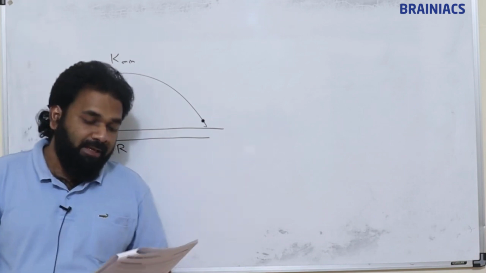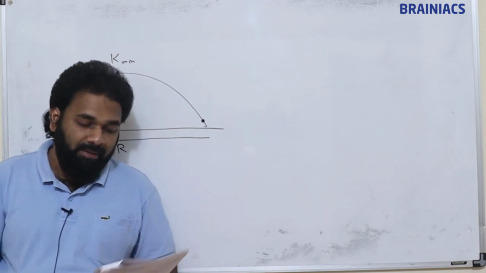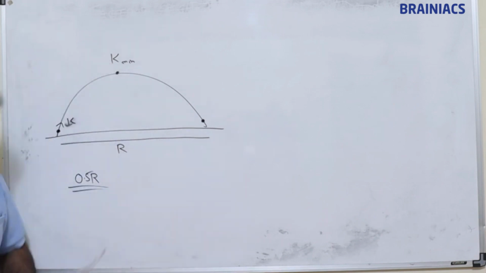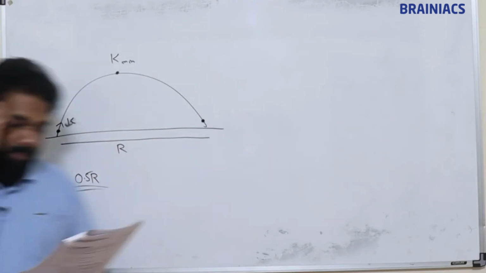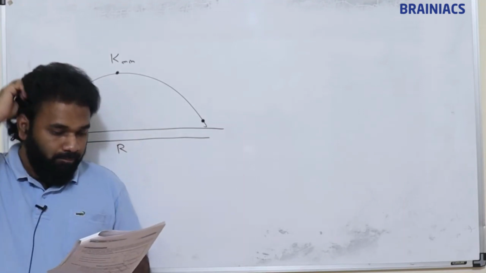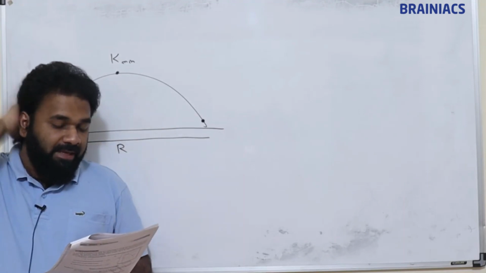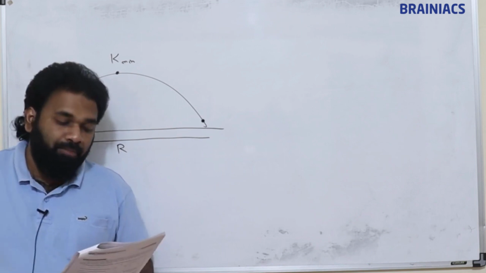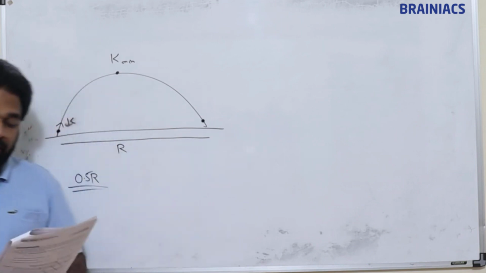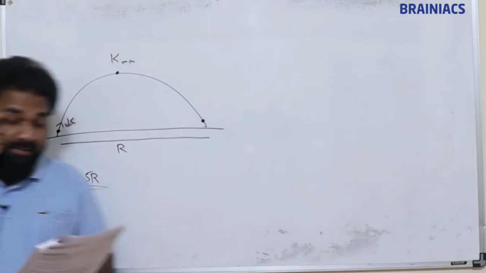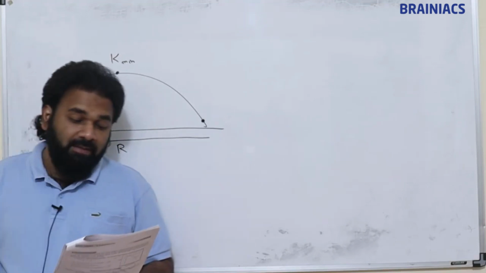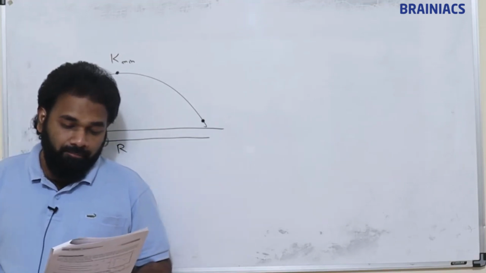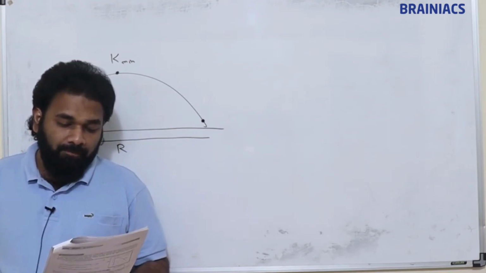Okay, now sixth question. A projectile is fired at 30 degree with momentum p. Neglecting friction, the change in kinetic energy when it returns to the ground will be.